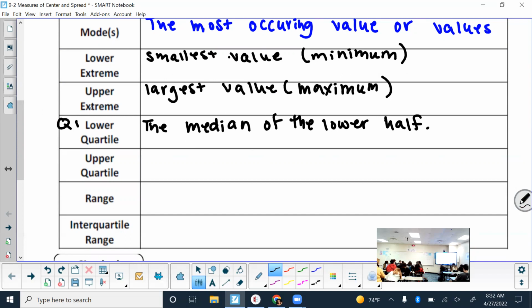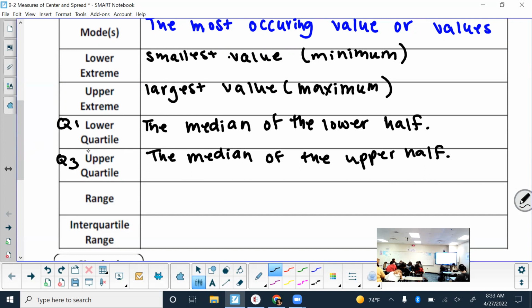Middle number of the lower half. Upper quartile would be the median of the upper half. And we're going to call this one Q3. Make sure you know upper quartile is your Q3.